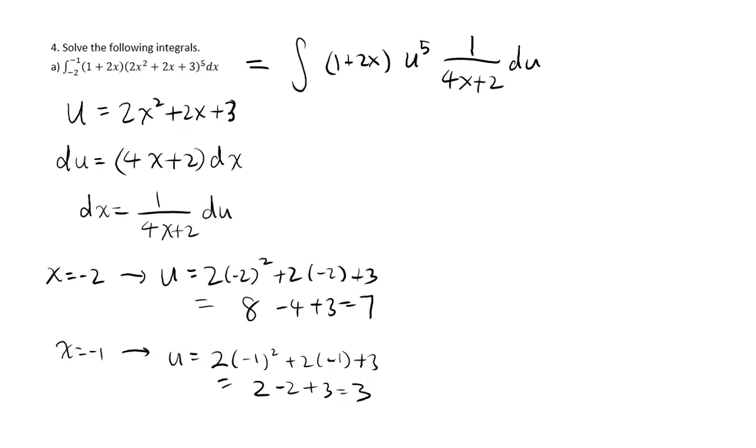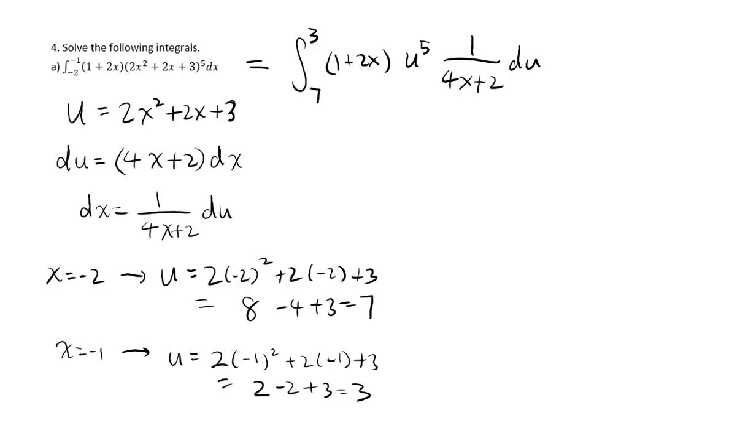And since you have du here, the values you put here and there cannot be -2 and -1, because those are values of x. You're not allowed to put the values of x here when it's du. You have to put the value of u. That's why we did all this work, okay? So that's one thing that a lot of people overlook. You should always do this work.